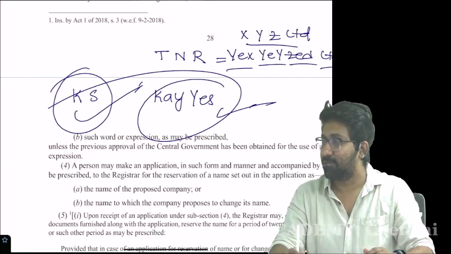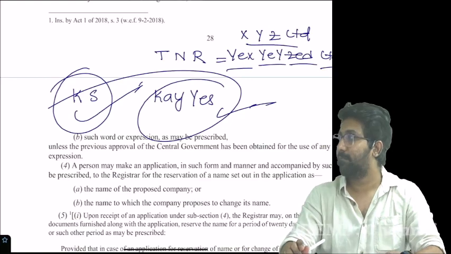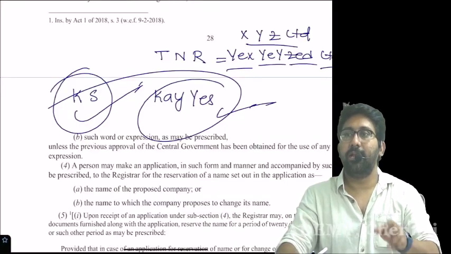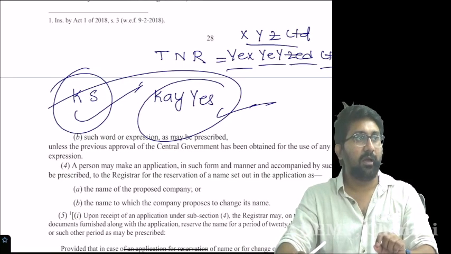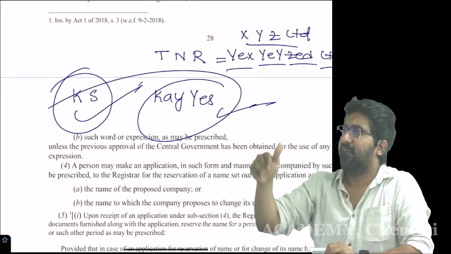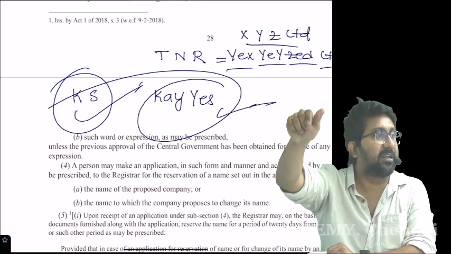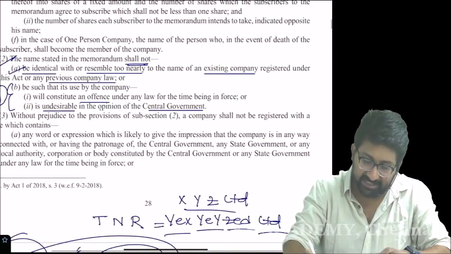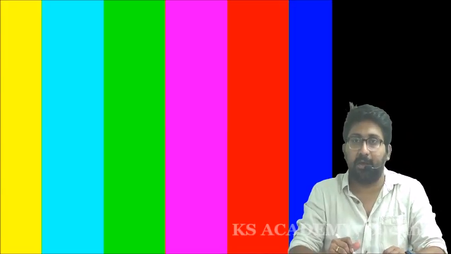That's the reason. So therefore, tell me, how should the name not be? The name of a company should not be identical or too nearly resemble the name of an existing company. That existing company is incorporated under which act? This act or any company's act? That clarity also he has given: registered under this act or any previous company law.